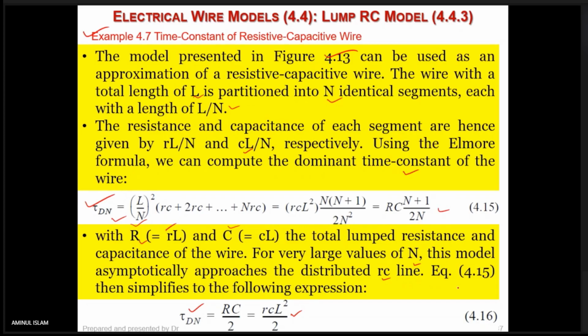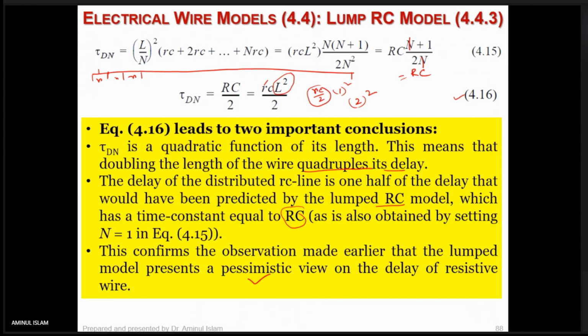Equation 4.15 then simplifies to the following expression: tau Dn equals RC by 2 equals rc L square by 2. Here you see with r you have the L as well as you have L in c also. So this is the final expression, how L square is coming.